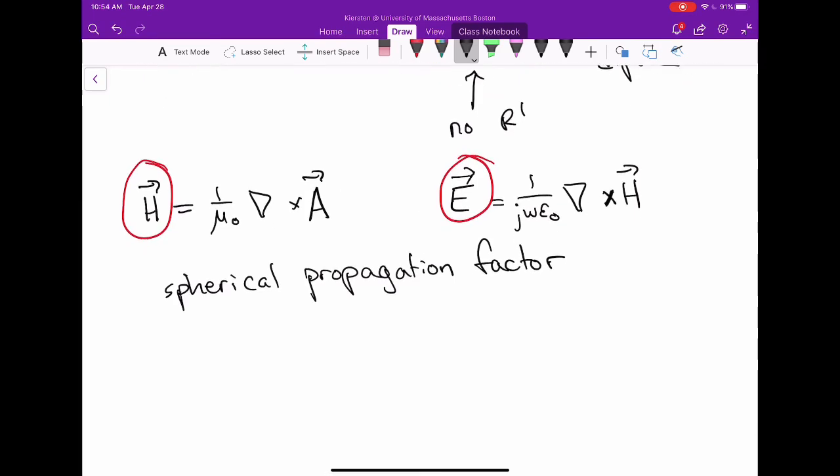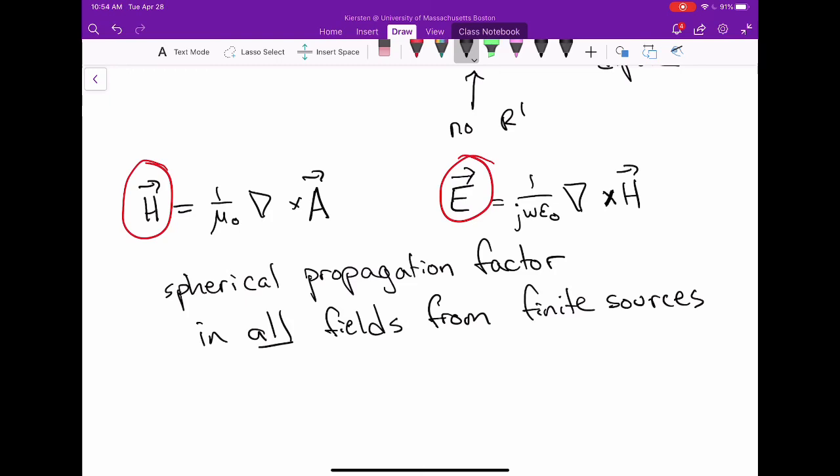And it shows up in all fields from finite sources. In this particular form, we have to say that it's time harmonic. But there's a similar thing that shows up in time domain sources too, so you don't get away from it ever. So we've got e to the minus jkr over r.